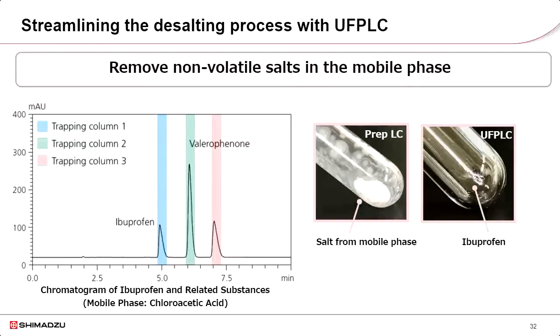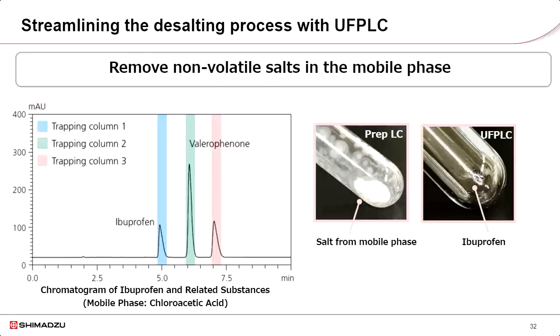The first example involves the recovery of components after removing non-volatile salts from the mobile phase. After the fractions containing the target components are introduced into the trap column and collected, they're washed with a solvent that does not contain salts, allowing for the elution from trap column while effectively removing the salts that were necessary during separation.